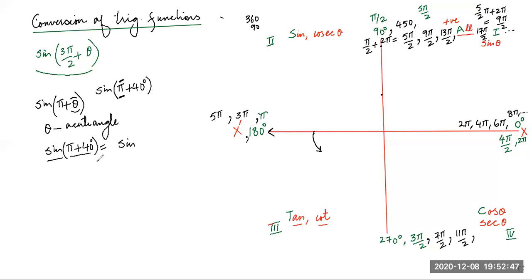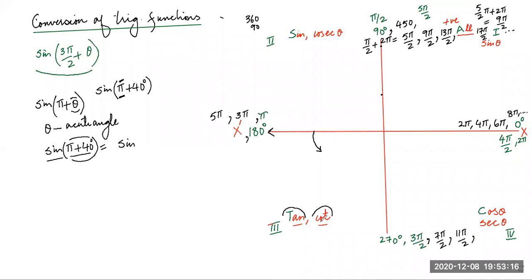Now you think, what is the sign of sine in the quadrant in which pi plus 40 will fall? So Ishma, can you tell, pi plus 40 will fall in which quadrant? Third quadrant, right? In the third quadrant, now you think whether sine theta is positive or negative. Already we have seen that in this quadrant only tan theta and cot theta are positive, from school to college.